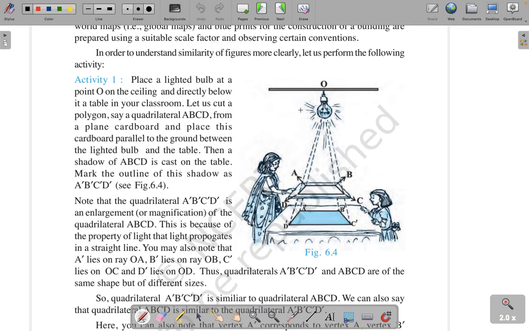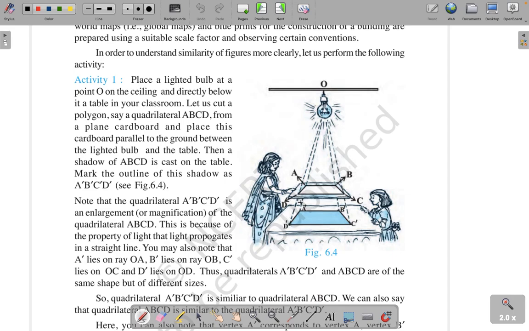This is just an activity wherein you have to place a lighted bulb. This is the cardboard that you are holding, and what this lighted bulb will do is create a shadow of this cardboard below.